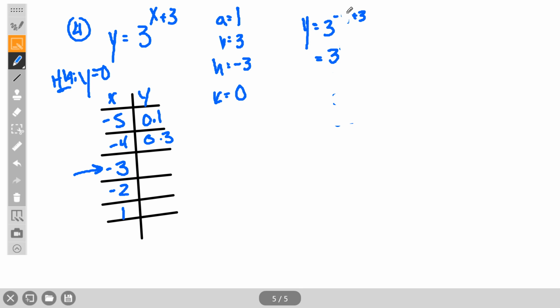Okay, next we'll plug in -3, which gives 3 to the 0, which is 1. Next we'll plug in -2, which gives 3 to the 1, which is 3. And then we'll plug in -1, which is 3 squared, which is 9.